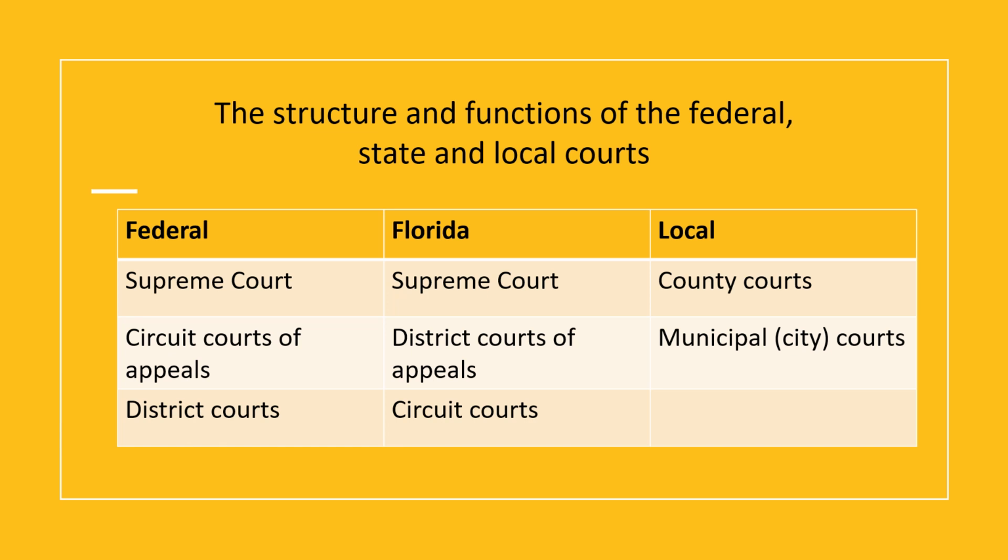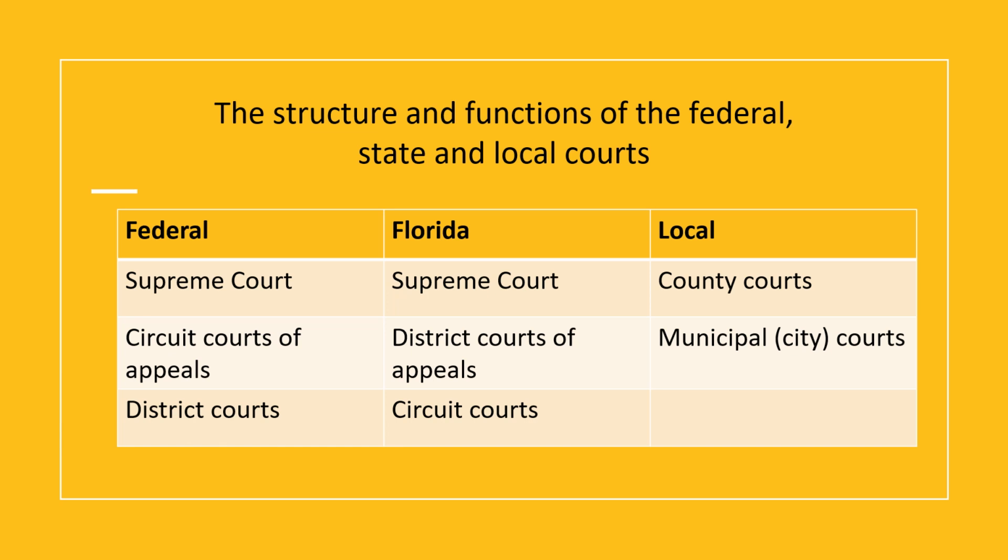Now we're going to compare the structure and functions of the federal, state, and local courts, focusing on Florida. So there's a federal Supreme Court, there are circuit courts of appeals, and there are district courts. Florida also has a Supreme Court. There are district courts of appeals, and below those we find circuit courts.